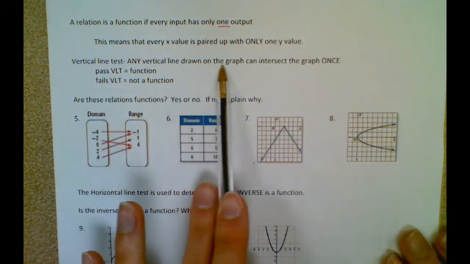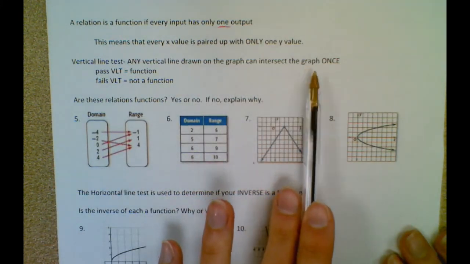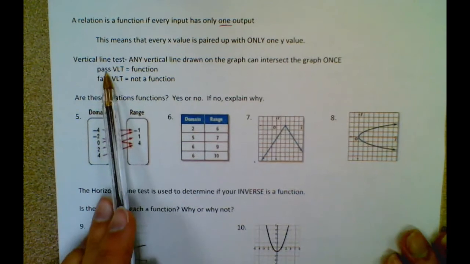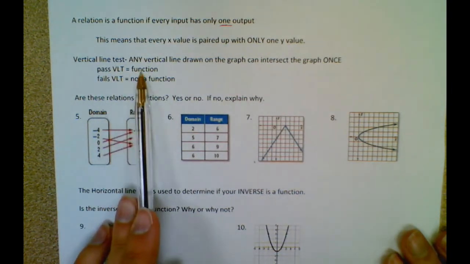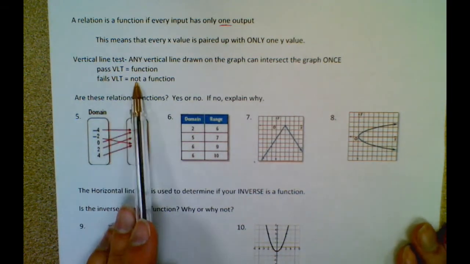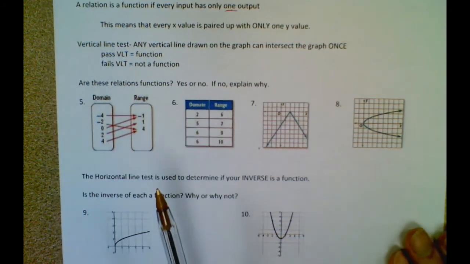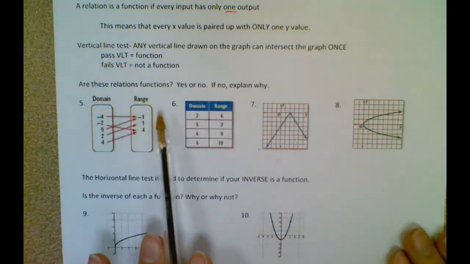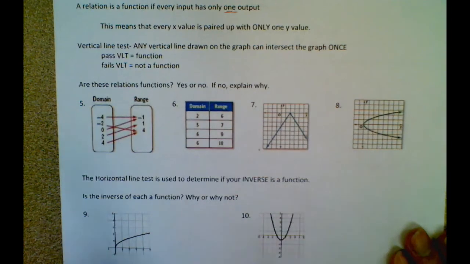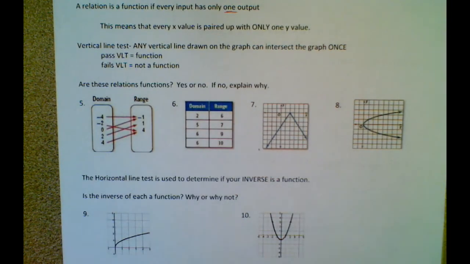Any vertical line drawn on the graph can intersect the graph only one time. I'll show you guys what I mean by that. So if it passes the vertical line test, it's a function. If it fails the vertical line test, it is not a function. So we're going to take a look here. It says, are these relations functions? And explain why. All right.